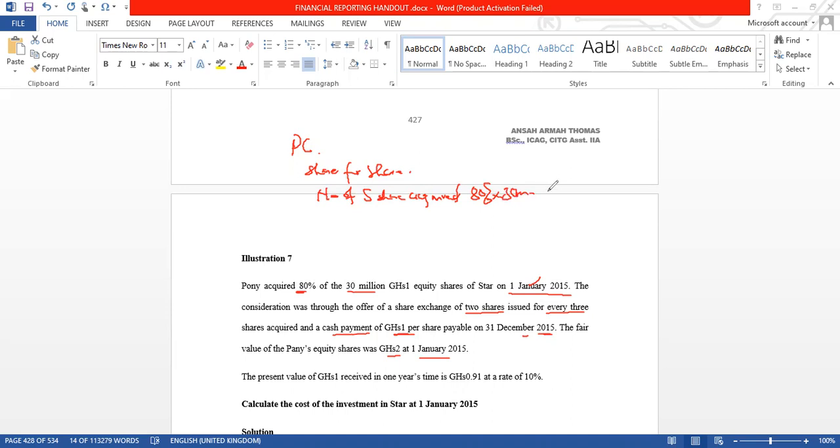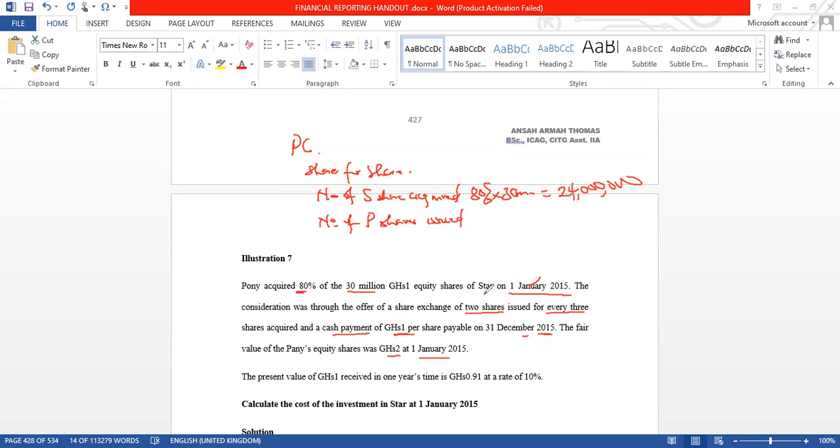And what is 80% of 30 million? Then you have 24 million. That is what you have. Number of P shares issued.